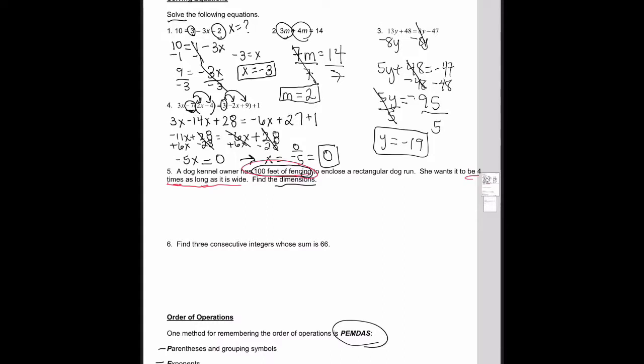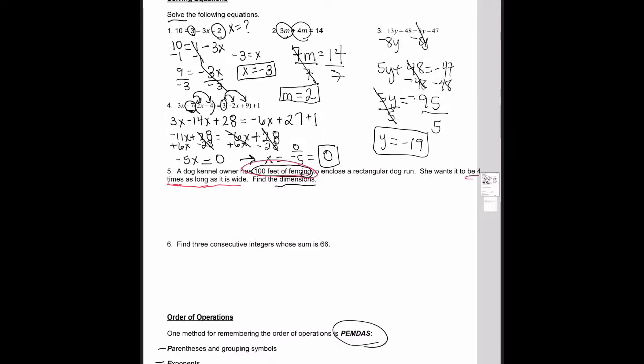Okay, so first off, if she has 100 feet of fencing, we know that no matter what our dimensions are, it should equal up to 100. Actually, scratch that. Let's go to the second piece of information. We know she wants it to be 4 times as long as it is wide.